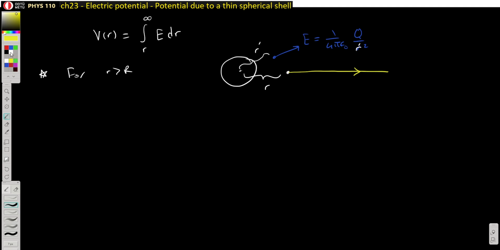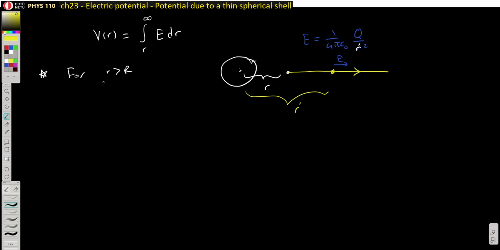Let's say that we have another point on that path. There's an electric field in here. If I denote that distance from the center as r prime, then the electric field at that point is given by this expression.